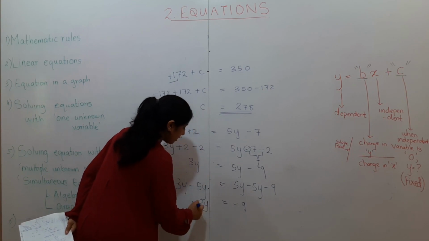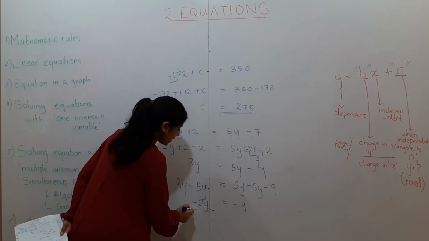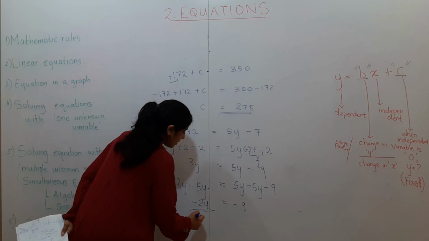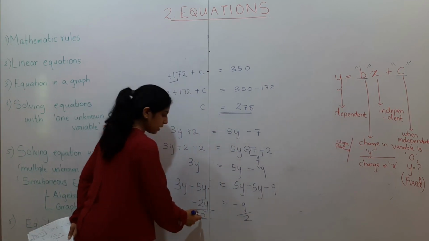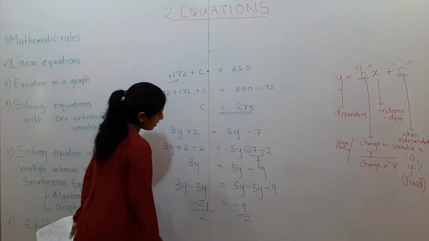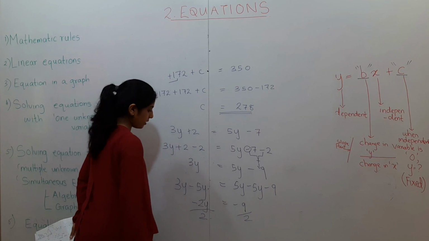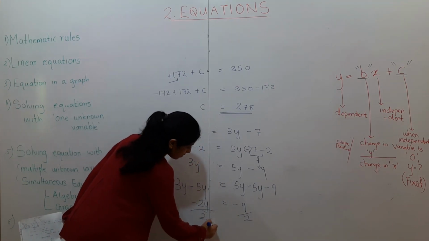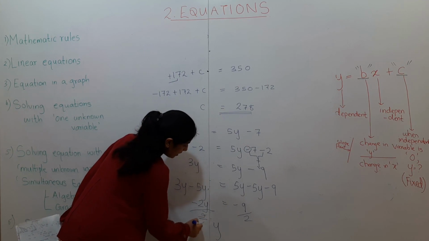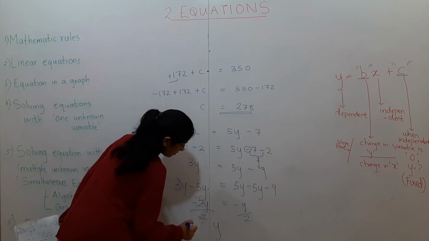Now therefore, to take y only on one side, I will have to divide this by 2. Or you can divide by minus 2. Let me teach you one fact here as well. That's why I take 2. So y, therefore, it will be minus 1.